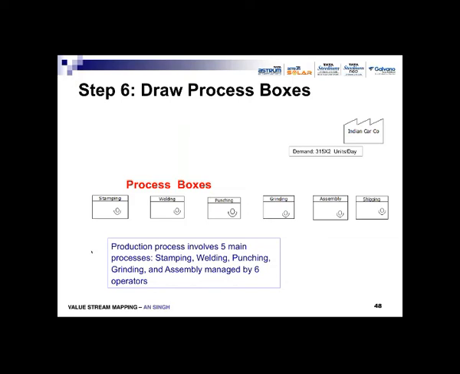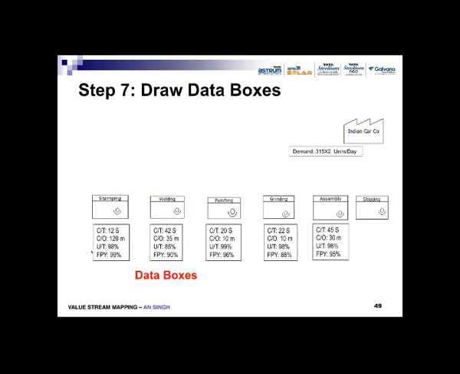So first, customer information is put, second, the process box is made, then third comes the data box. Whatever data is collected for each process, here CT stands for cycle time, then changeover time, uptime, first pass yield. These are the 4 main data relevant to each process.